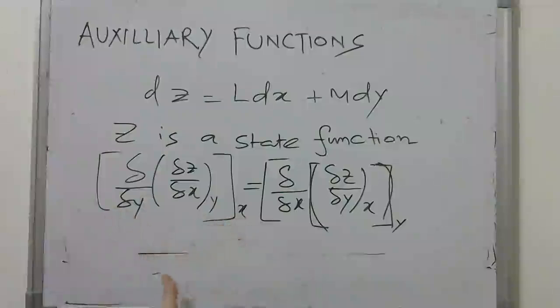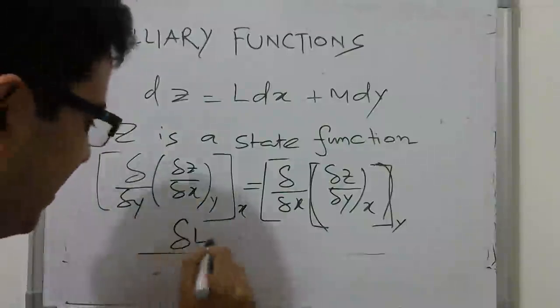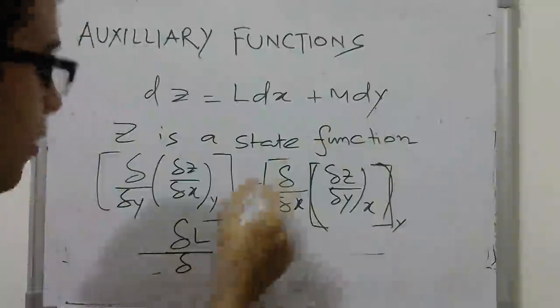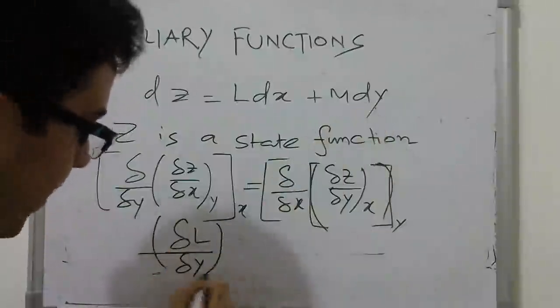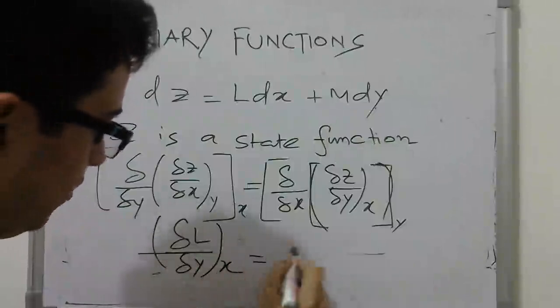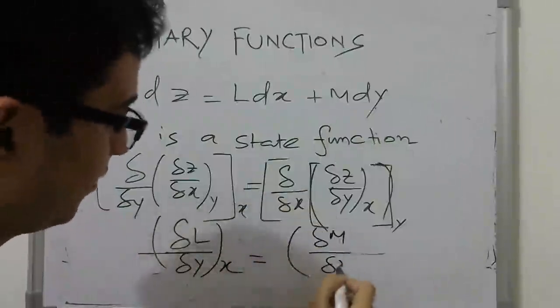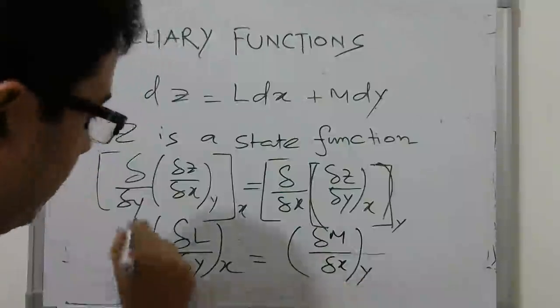If this is true, then finally we can write the most important relationship, that is, del L del y at constant x is equal to del M del x at constant y.